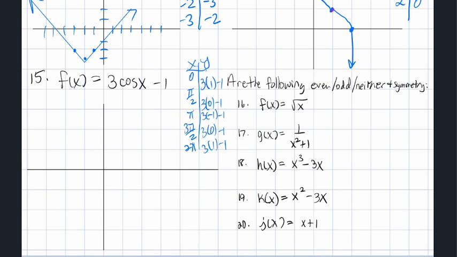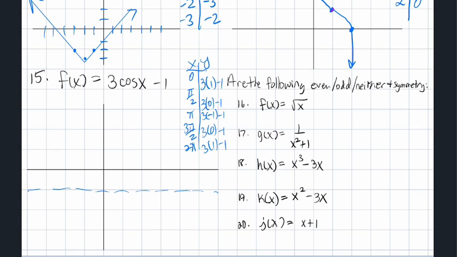So you'll notice that I just wrapped the 3 times that quantity, minus 1, around those values. We've got 1, 0, -1, 0, 1. That's what the cosine does. And I've just wrapped that 3 on the outside and that -1 around that, and simplify it. So put your midline on.